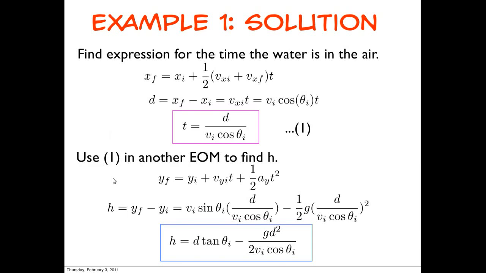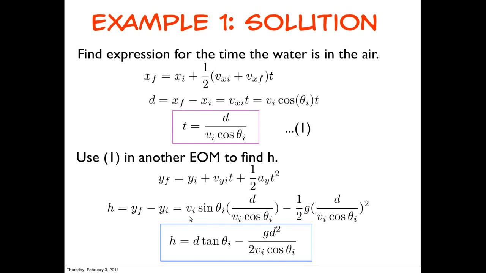We can use the kinematic equation of motion for the y position. Y final is equal to y initial plus the initial velocity in the y direction times time plus 1/2 a in the y direction times t squared. Since we're looking for the height, h is the displacement in the y direction, y final minus y initial.